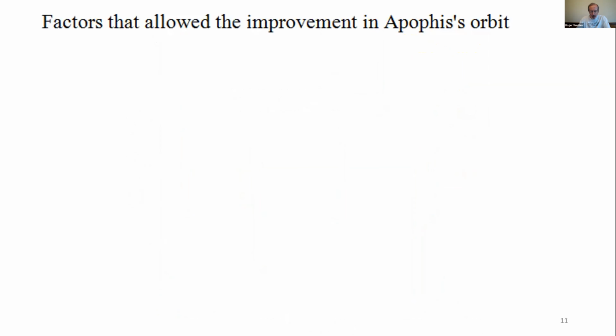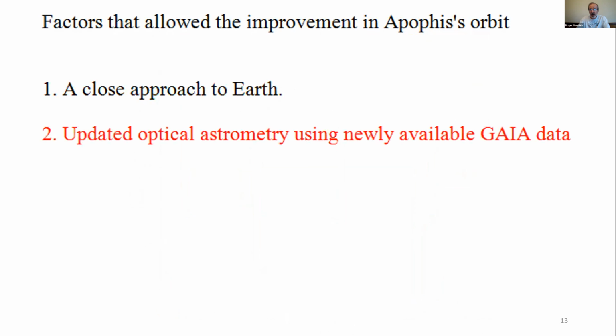So what were the factors that brought about the very low uncertainty in the Apophis orbit? Firstly, a close approach to Earth. The nearer you are, the better we can measure you. Secondly, updated optical astrometry using newly available Gaia data.